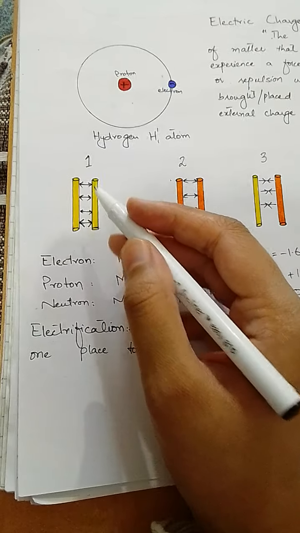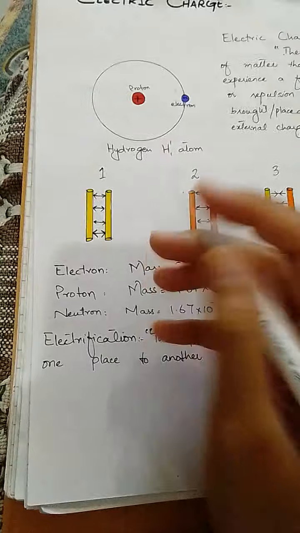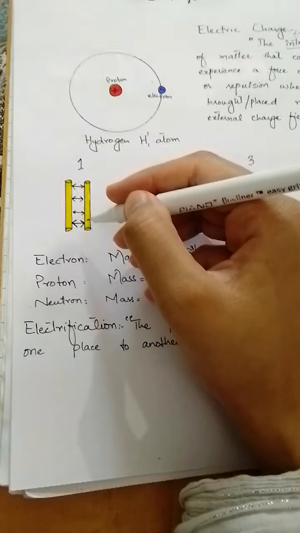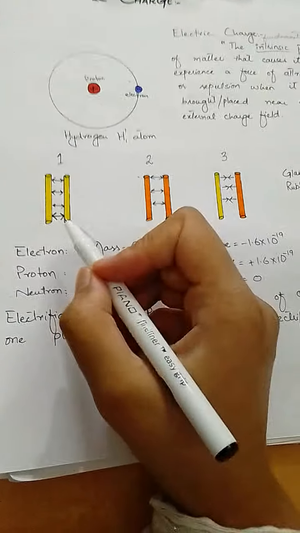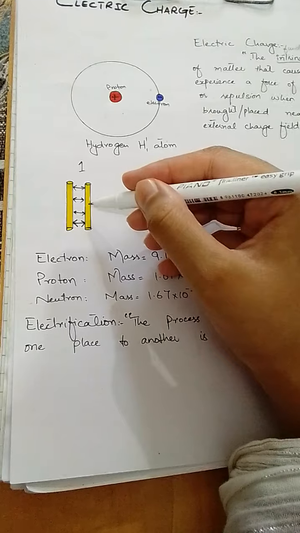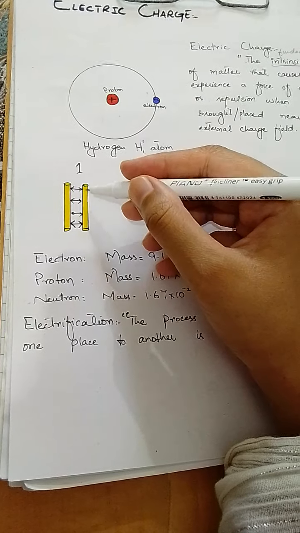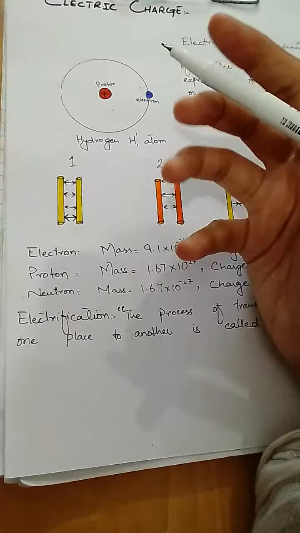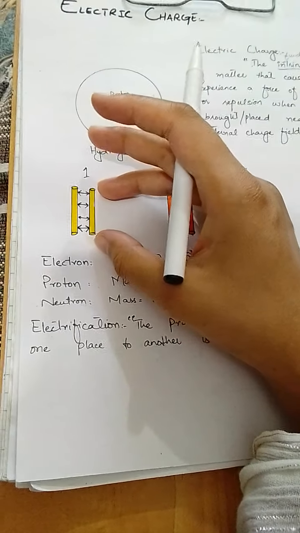Why? Because they both have the same type of charge on their surfaces. Remember that charge can neither be created nor destroyed. If you rub the glass with the silk, it doesn't mean that positive or negative charge gets created on the glass rod.